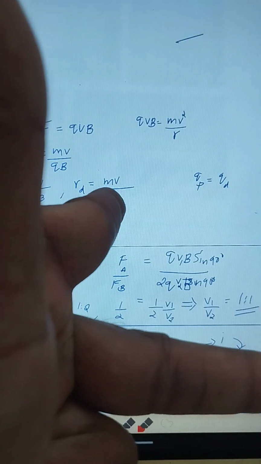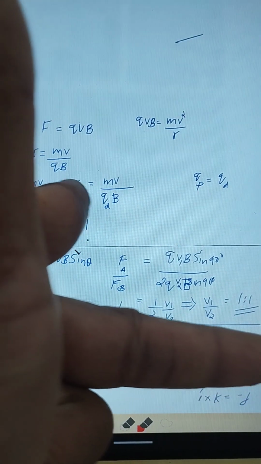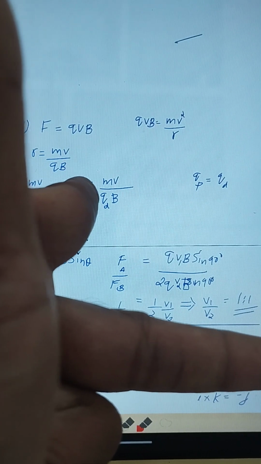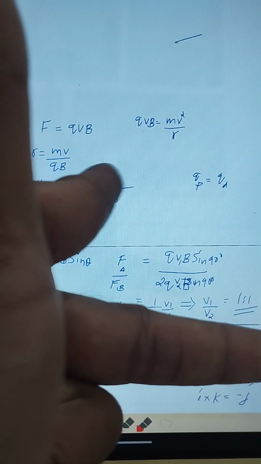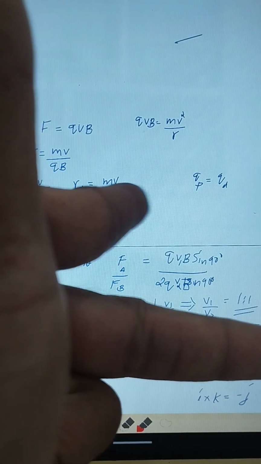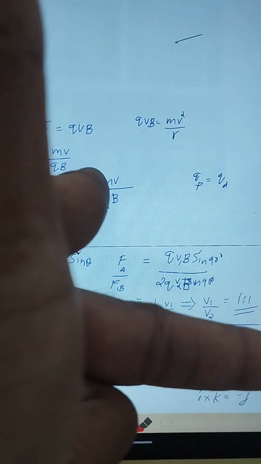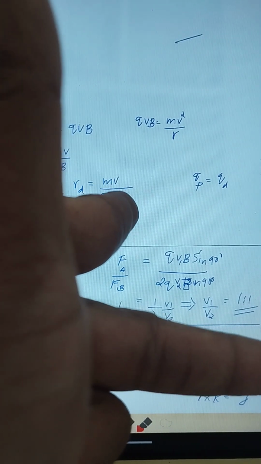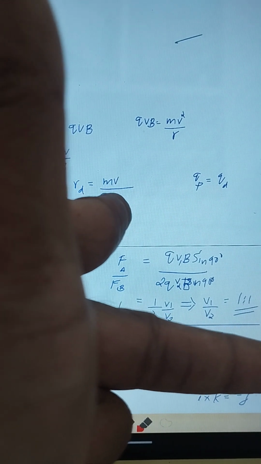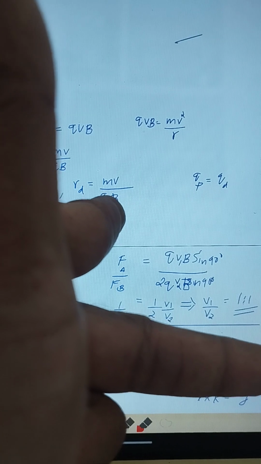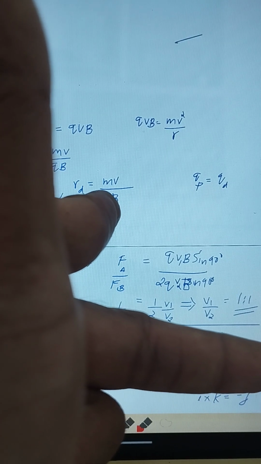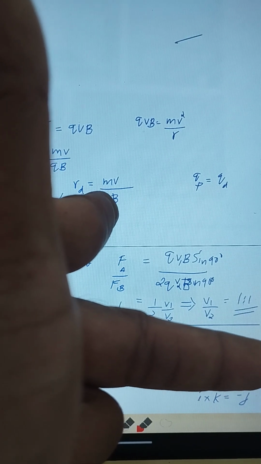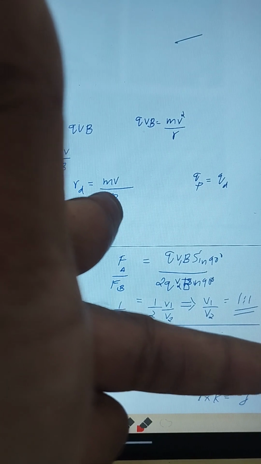Then this index finger is pointed into the plane of this whiteboard. The index finger, the pointing finger, represents the magnetic field. So the magnetic field is pointed into the plane of the whiteboard, that is along z direction, specifically along the negative z direction.